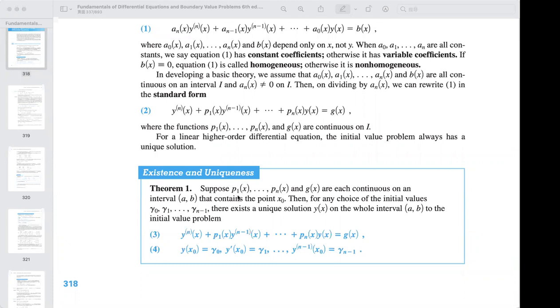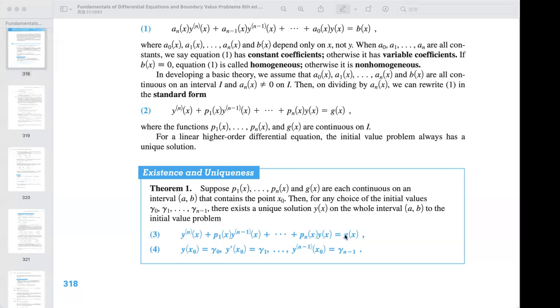Okay, so suppose P_1(x), ..., P_n(x), and G(x) are continuous on some interval (a, b) that contains the point x_0. For any choice of initial values gamma_0, gamma_1, ..., gamma_{n-1}, there exists a unique solution on the whole interval (a, b) to the initial value problem.